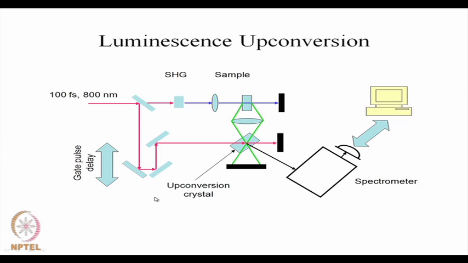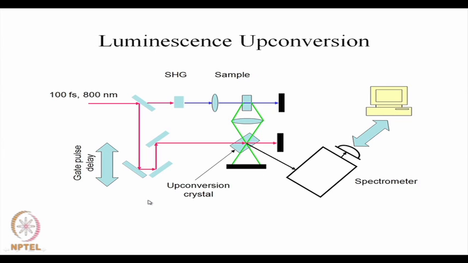Here your luminescence contains a number of frequencies. Because it is not a single wavelength, emission is a combination of frequencies, you will be getting a number of frequencies over here, and then this is fed into the spectrometer, and you collect your signal.